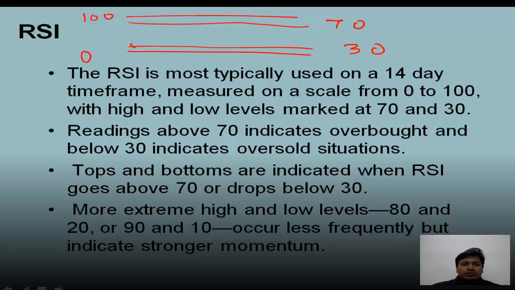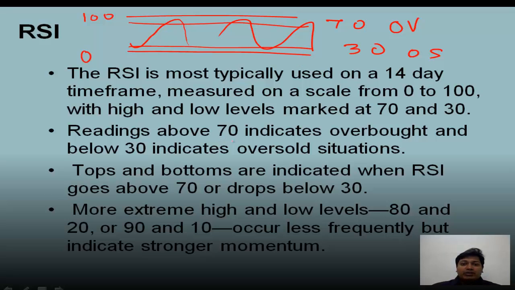So it moves like this. If it goes below 30, it is called OS or oversold, and if it is above 70, it is called overbought. So this is how the oscillator keeps on moving between the values of 0 and 100.